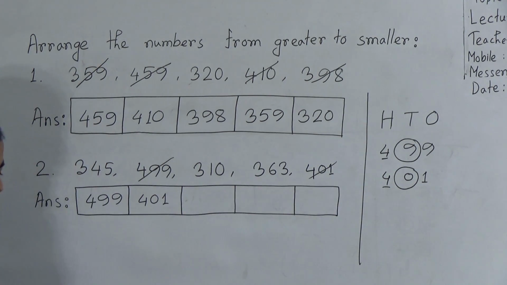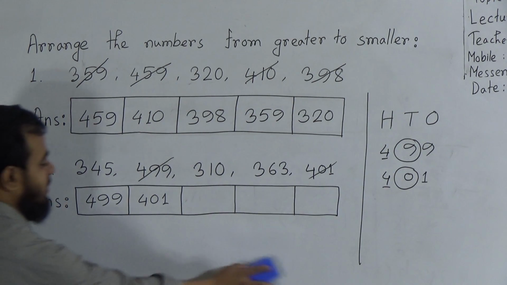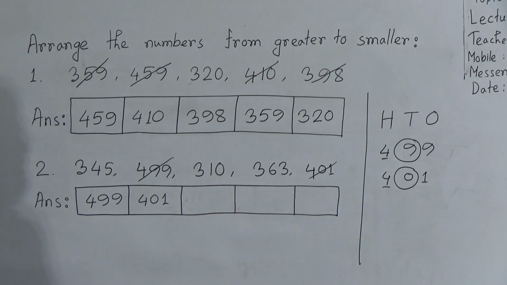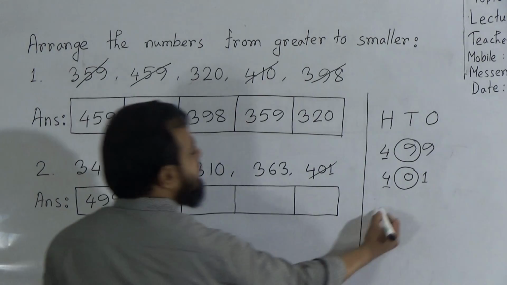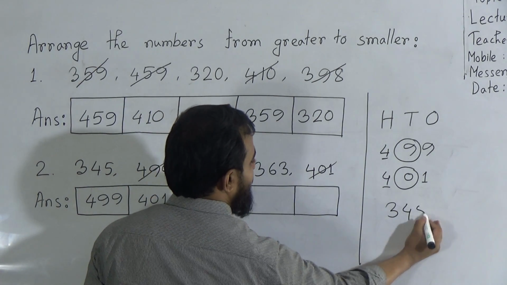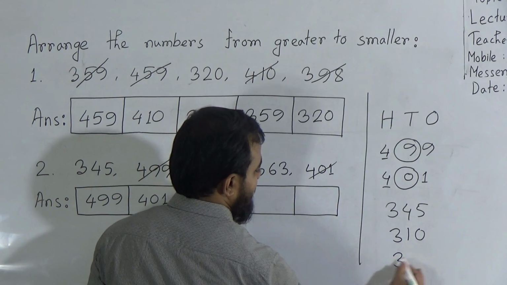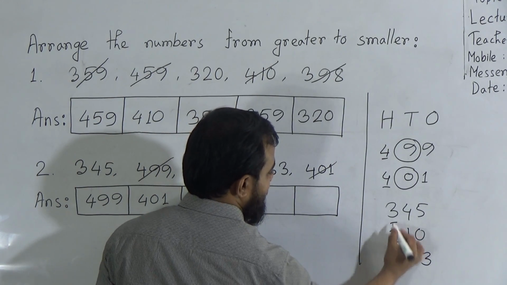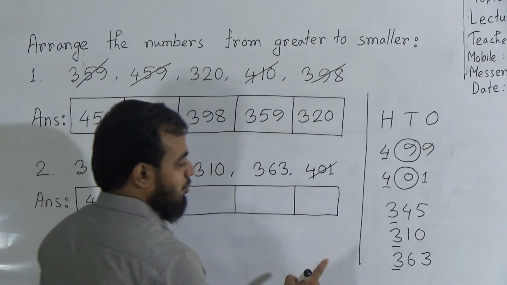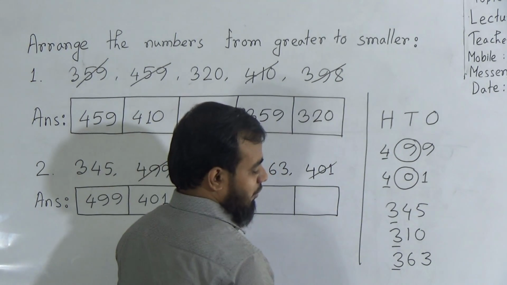Okay, it will be easy. Then we have to arrange these 3 numbers here. These 3 numbers have 3 in the hundreds position. The first number is 345, next is 310, and the last is 363. That is why we should go to the tens place to find the greater number.